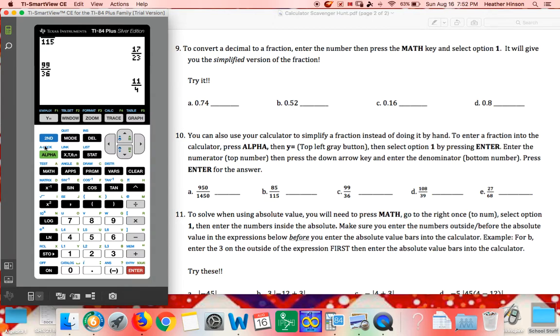Okay, for D, we're going to click alpha, Y equals, numerator over denominator. We want the very first selection, 108 over 39. So 108, go down to the denominator, and 39 on the bottom. And it'll simplify it for you.